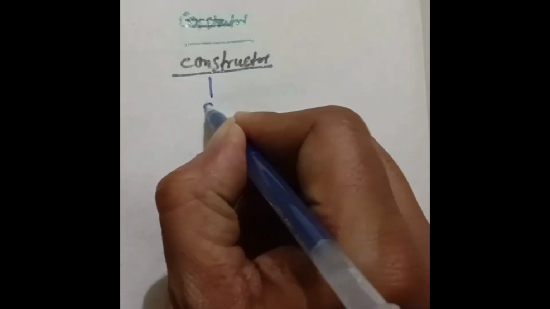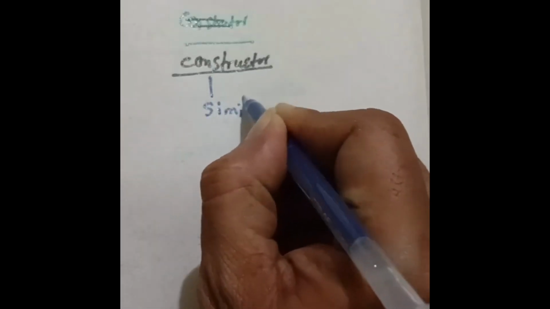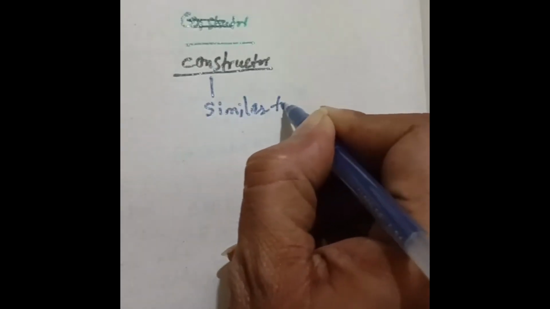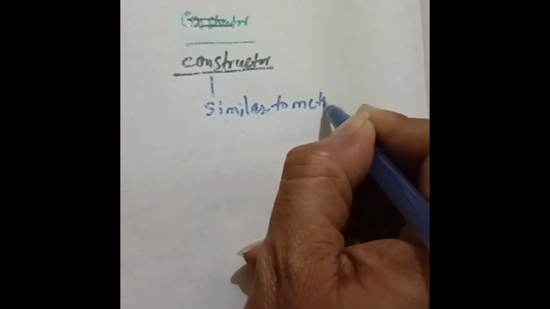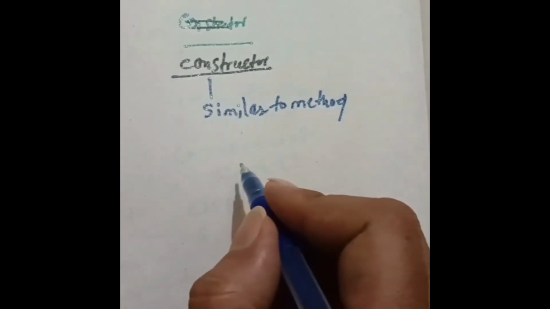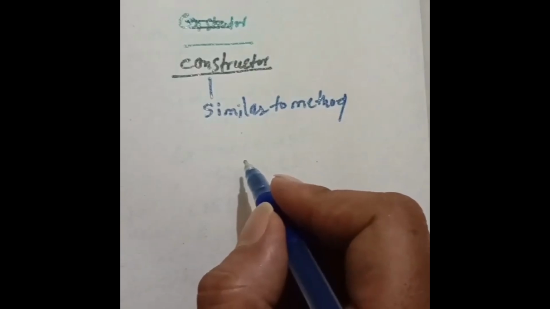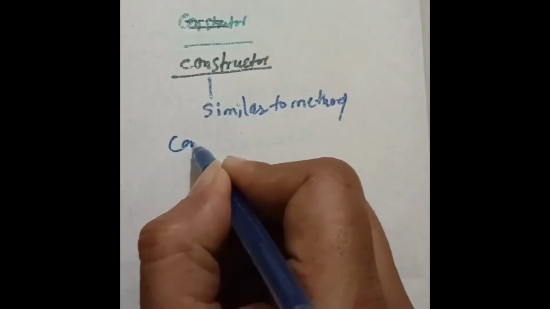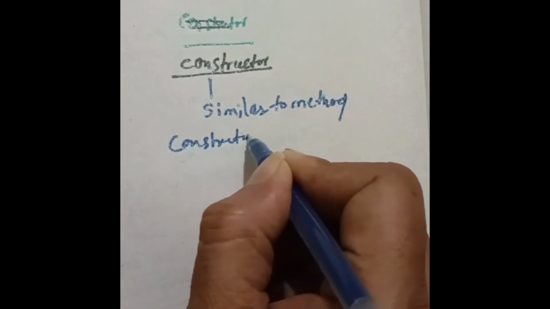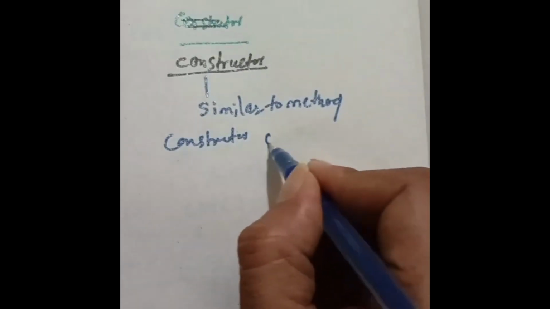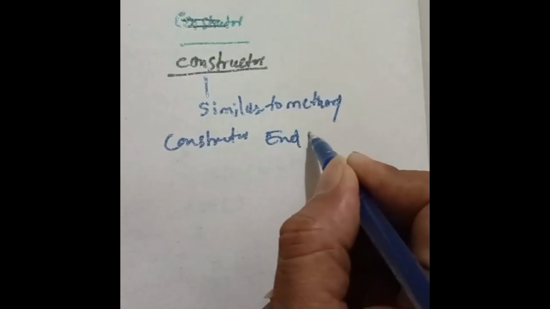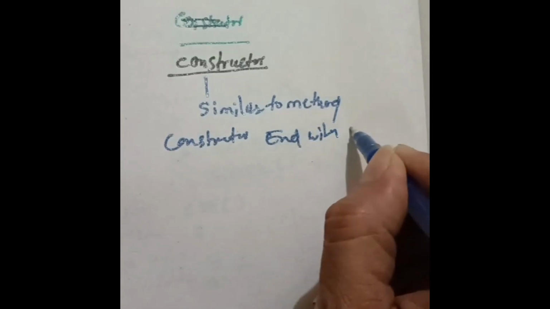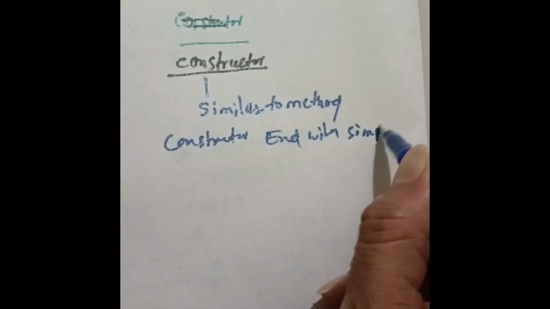Today our topic is constructor. A constructor is similar to a method, but a constructor ends with simple braces.